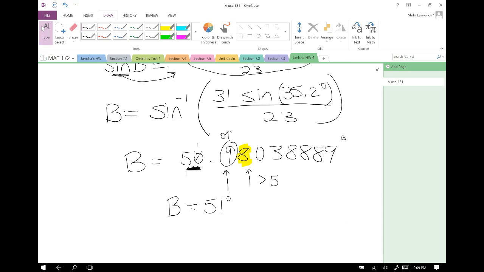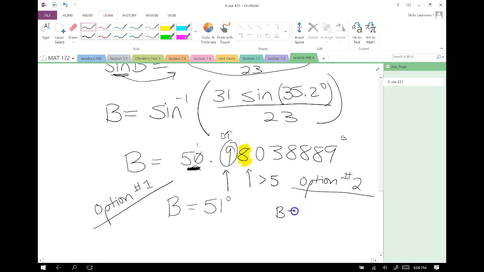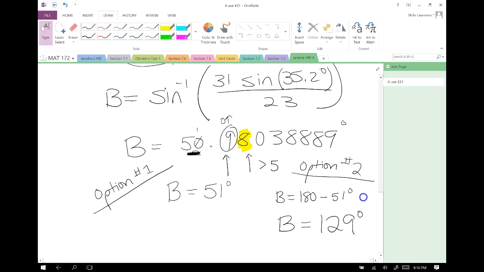So this might be option number 1. Option number 2 is that they just gave us the reference angle, so B is 180 minus this number. And if that's the case, 180 minus 51 is 129.